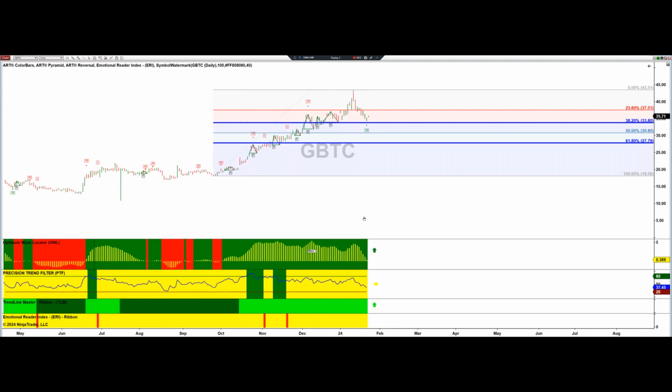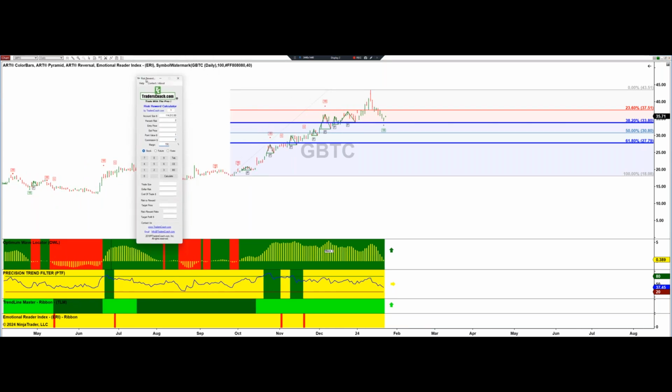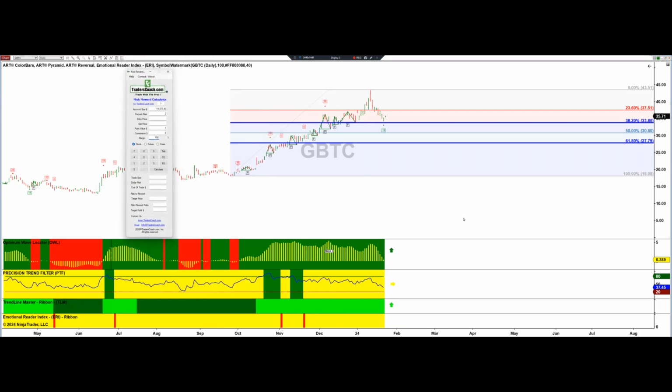We have a couple of calculators available. We started out with one called the trade size calculator. It basically looks the same as the risk to reward calculator, which I have in front of you here. The difference is this section of the calculator that gives you the risk to reward and the target profit and things of that nature.